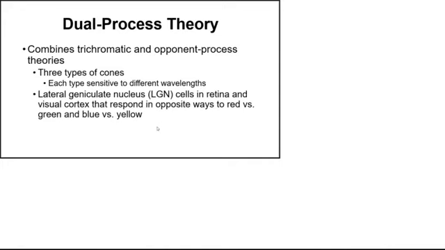So we have basically taken the best of both worlds and stuck them together to get our dual process theory. So we have 2 processes, 3 different kinds of color sensitive cells, and an opponent process cell to explain everything.